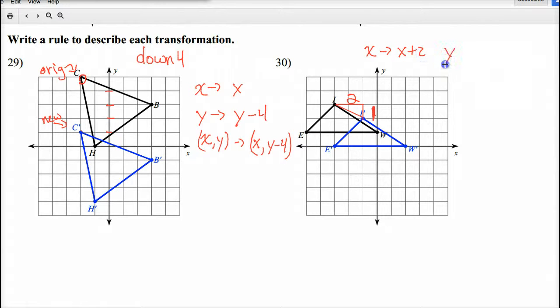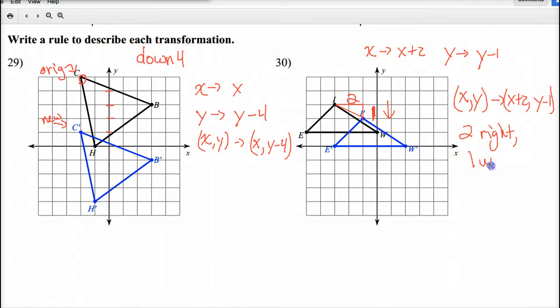And the y is going to subtract 1 to go down because it's going down 1. So that's y minus 1. So if we were to say xy turns into x plus 2 and y minus 1. And how could we describe that in words? Well, that's 2 units right, and 1 unit down.